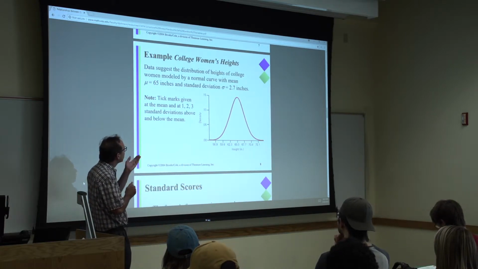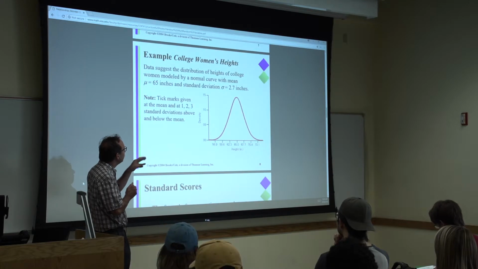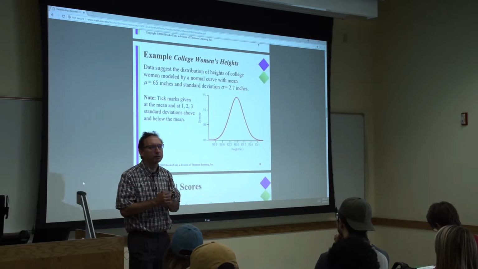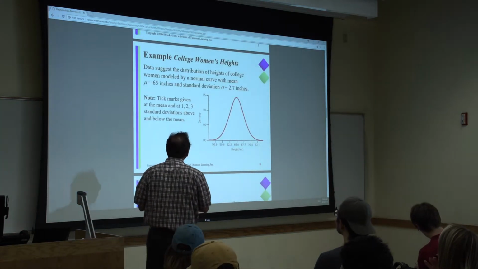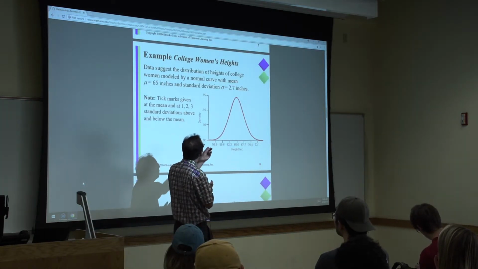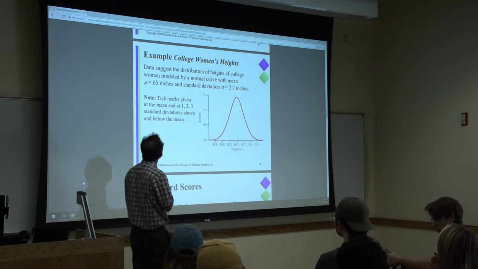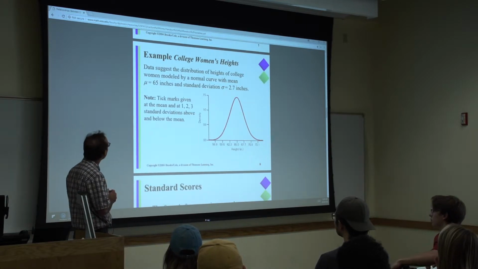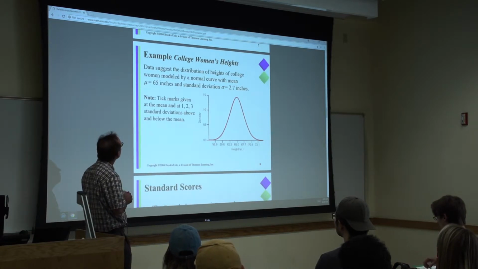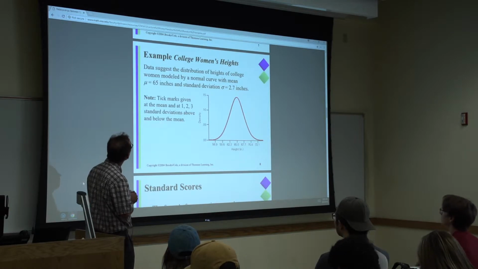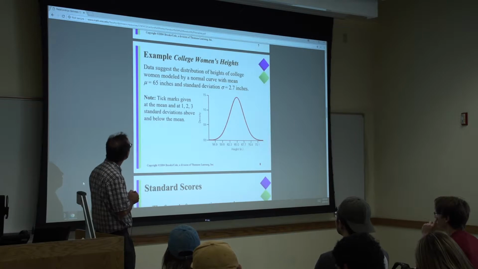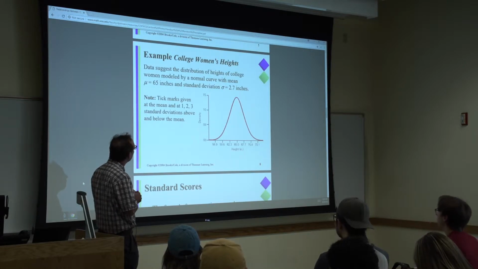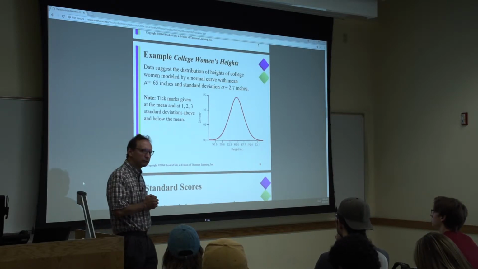What we're going to be interested in doing is using the normal curve for approximating some probabilities of interest to us. For example, we can look at this example with the heights of college women. Data suggests the distribution of heights of college women can be modeled by a normal curve with a mean of 65 inches and a standard deviation of 2.7 inches.